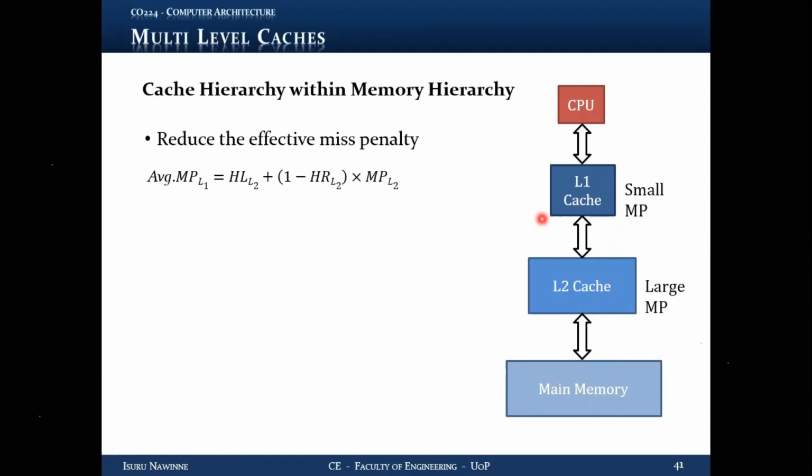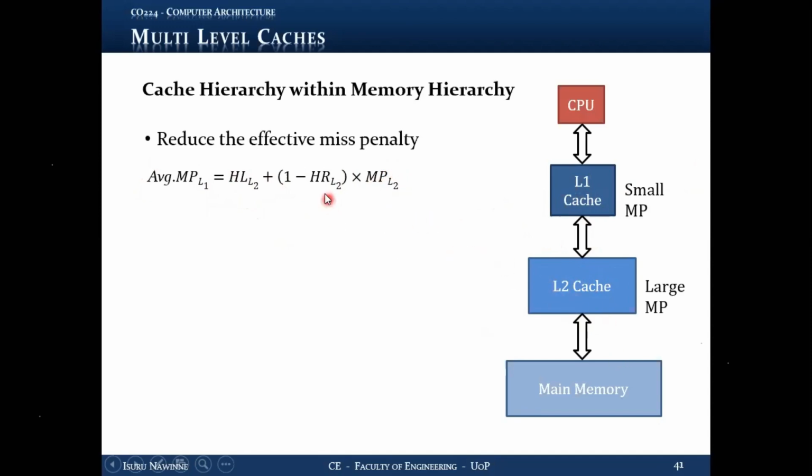So the effective miss penalty for the level 1 cache then becomes the average access time of the level 2 cache, right? The average access time of the level 2 cache is the hit latency in level 2 plus the miss rate in level 2 times the miss penalty for level 2.